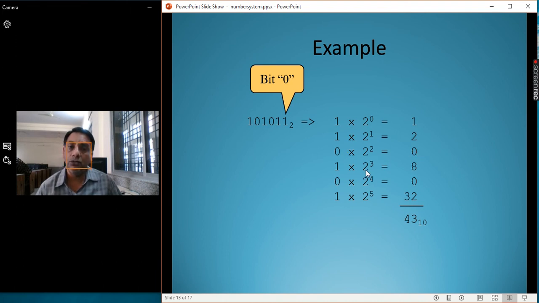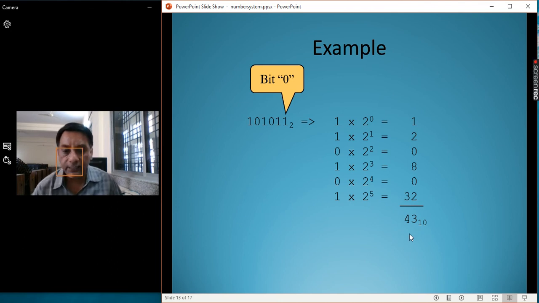In the same way, 2 to the power 3 is 8, then 0 is 0, and 2 to the power 5 is 32. If you add these numbers, that means 32 added with 8 plus 2 plus 1, the final is 43. Now what's the result? This binary value, its decimal equivalent is 43.